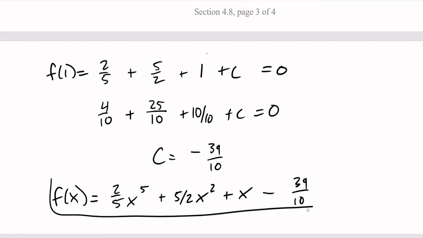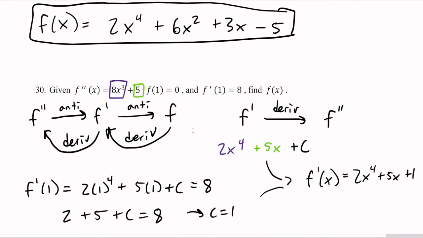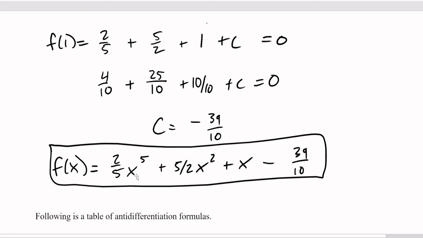Boom. That is your original function f. Now, how do I check that this is right? Well, you know 2 points. One for f prime, which you can plug into those functions to double check. And then also, you can just take the second derivative, right? Take the second derivative of this and make sure that you get down to what we started with, the f double prime. That's it. So a lot of work there, but hopefully it's not too bad.